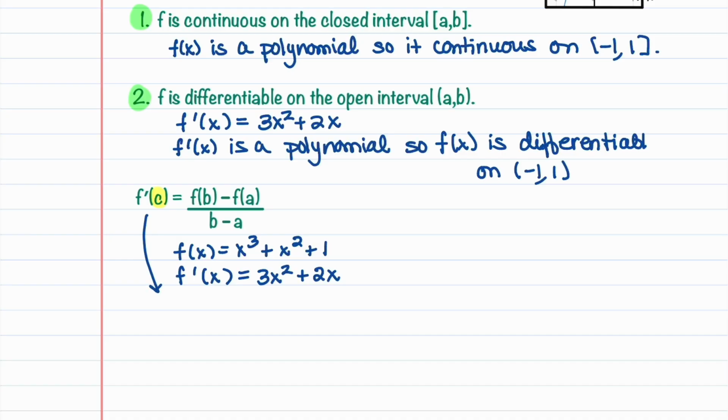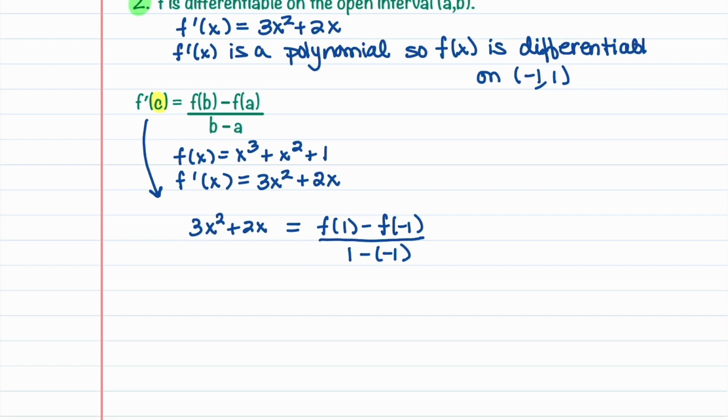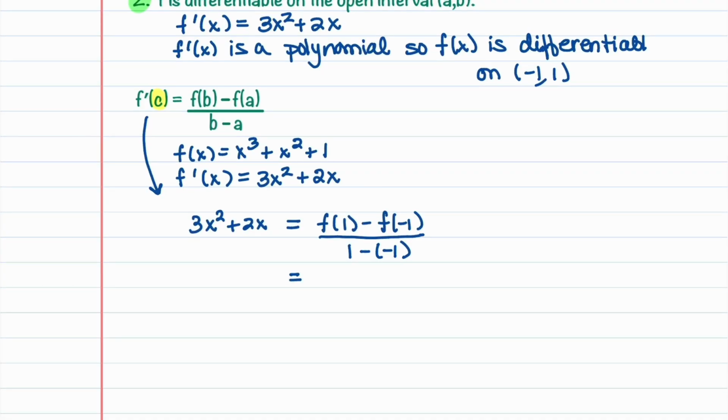Now we're going to set the derivative, 3x squared plus 2x, equal to f at 1 minus f at -1, all divided by 1 minus -1. We have lots of negatives going on there. Let's just go ahead and work on the right-hand side.